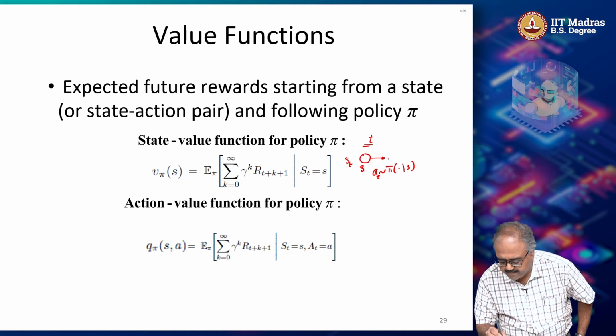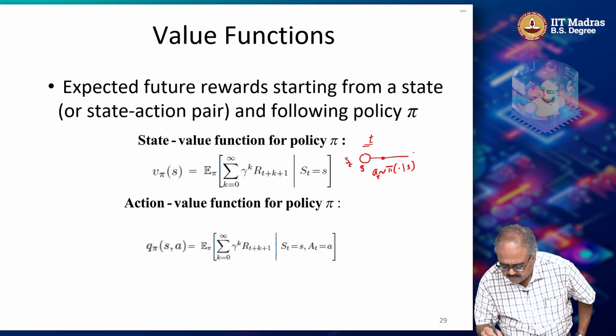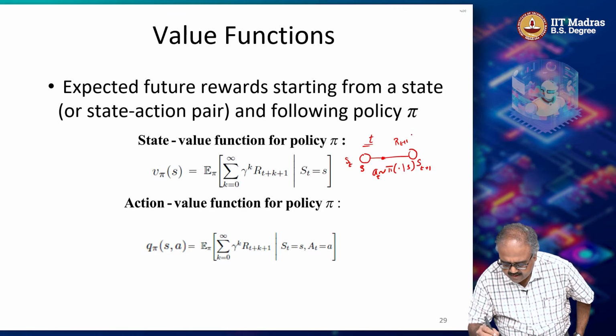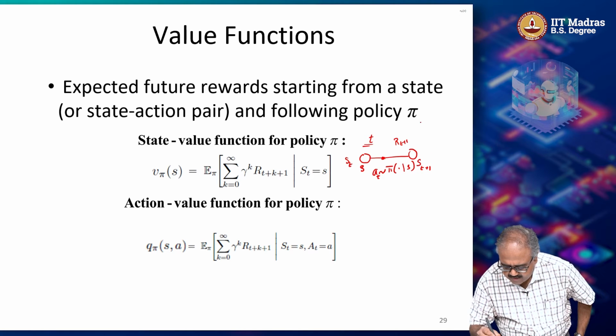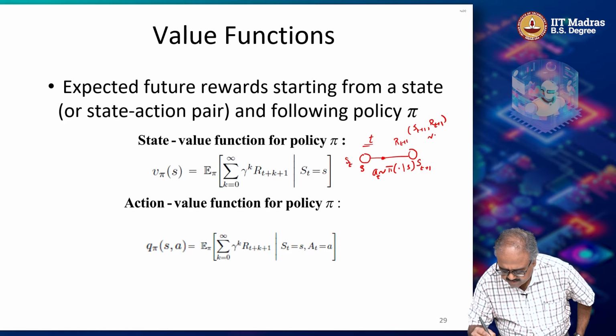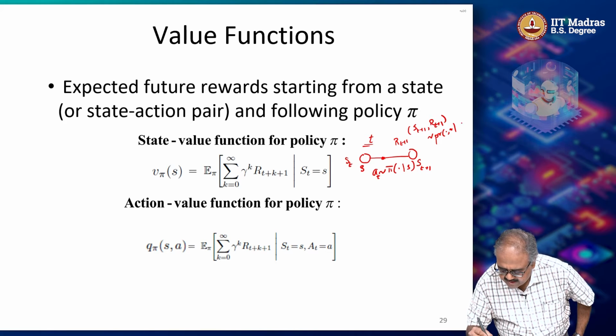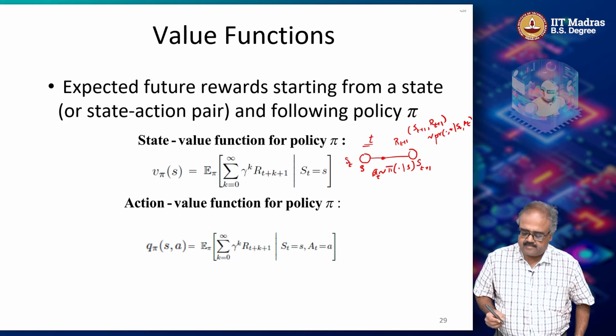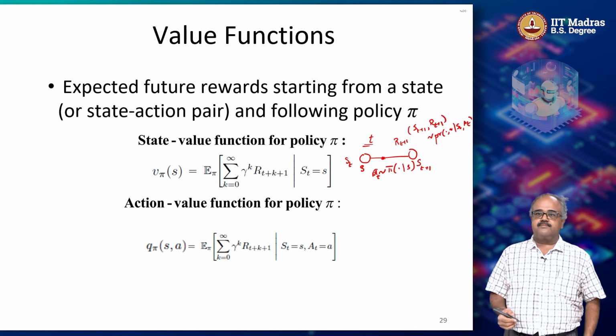Now this will cause a transition to the next state, and you will also get R_{t+1}. Both S_{t+1} and R_{t+1} are sampled from the probability distribution of S and R given S_t, A_t.